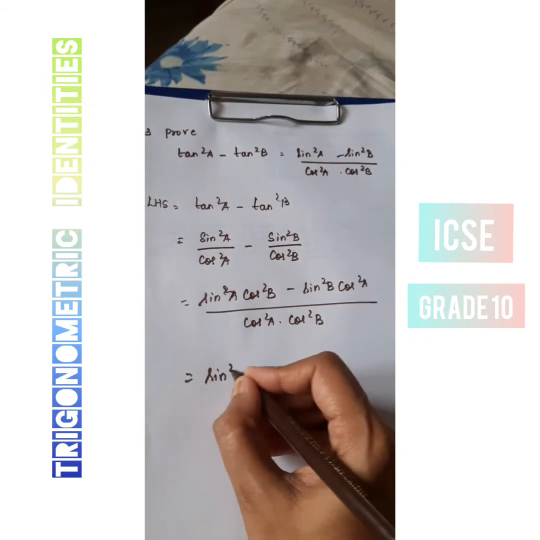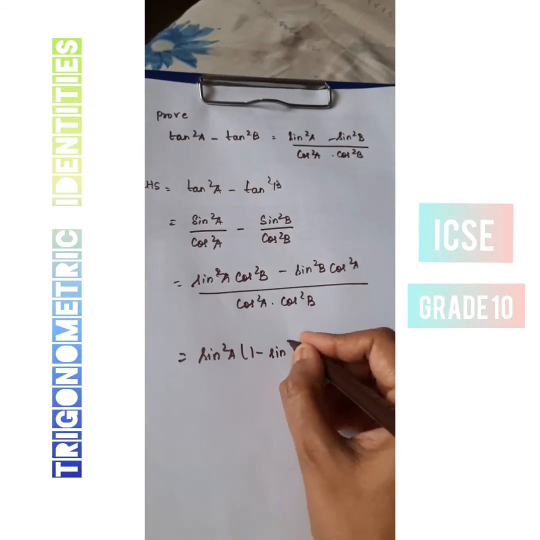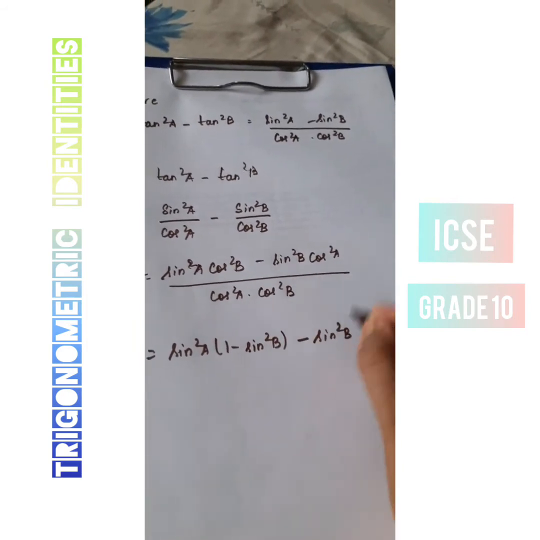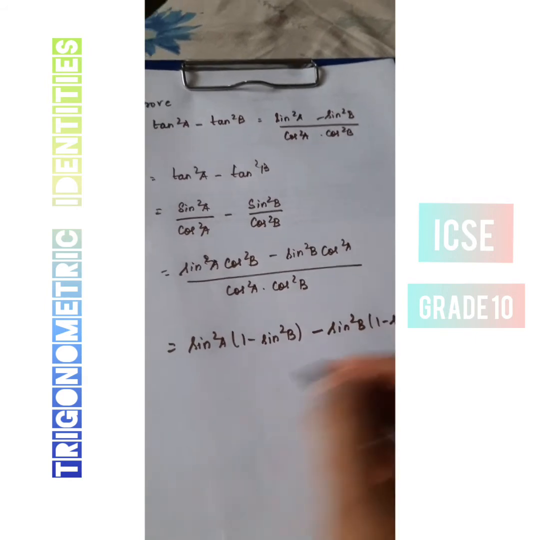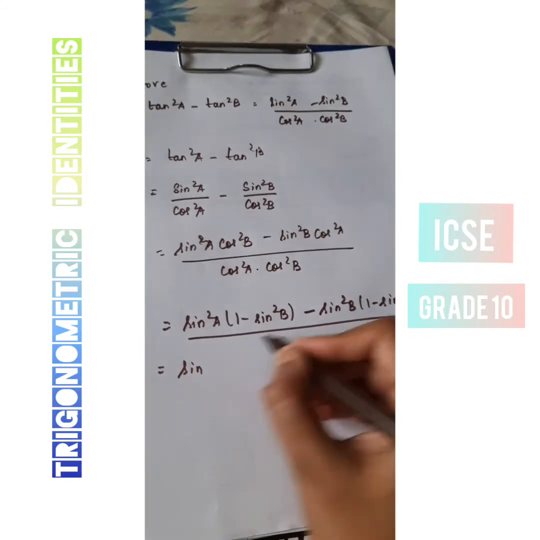So we can take sine square A, cos square B can be written as 1 minus sine square B. Again sine square B, cos square A can be written as 1 minus sine square A. Here for A and B, just make careful substitutions.